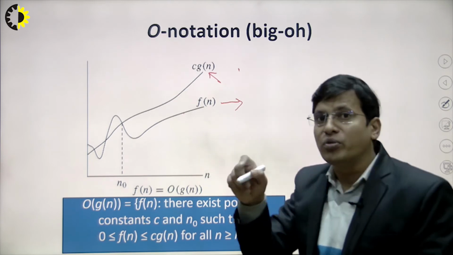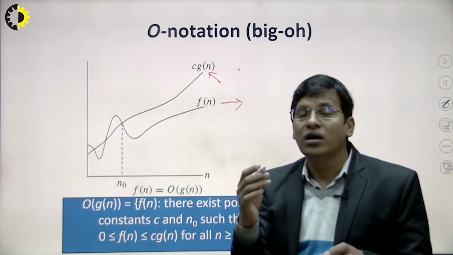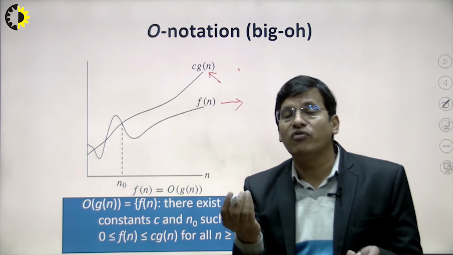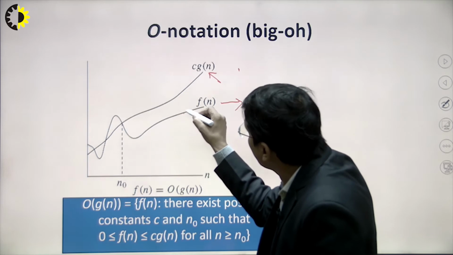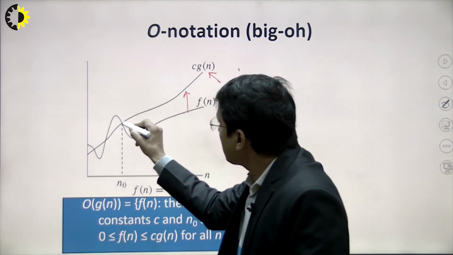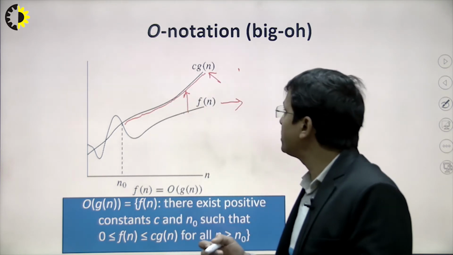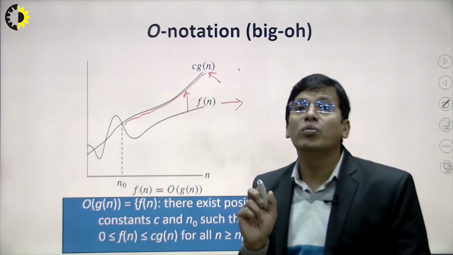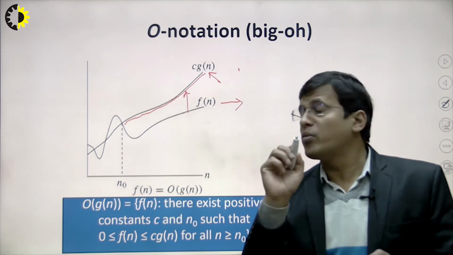We have to compute what the function g of n will be so that f of n will reach up to c of g of n. Equivalence will also be there, but there is no lower bound. That's why Big O notation is called the asymptotic upper bound notation, right?